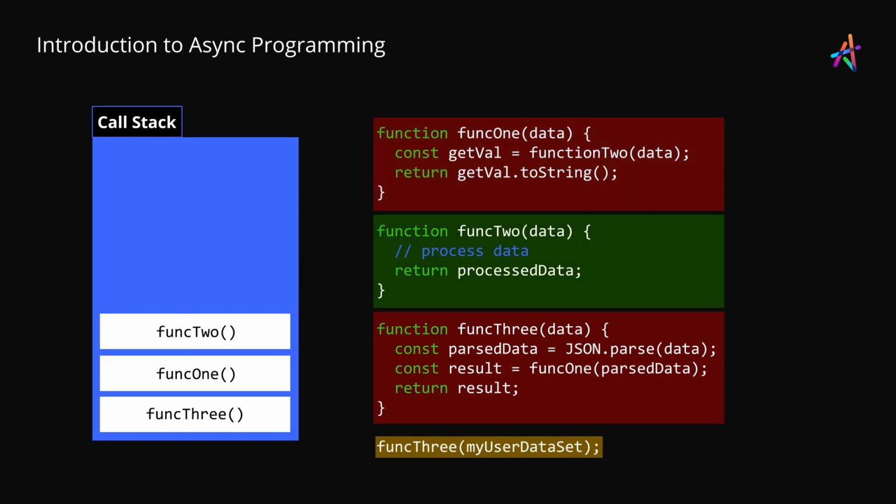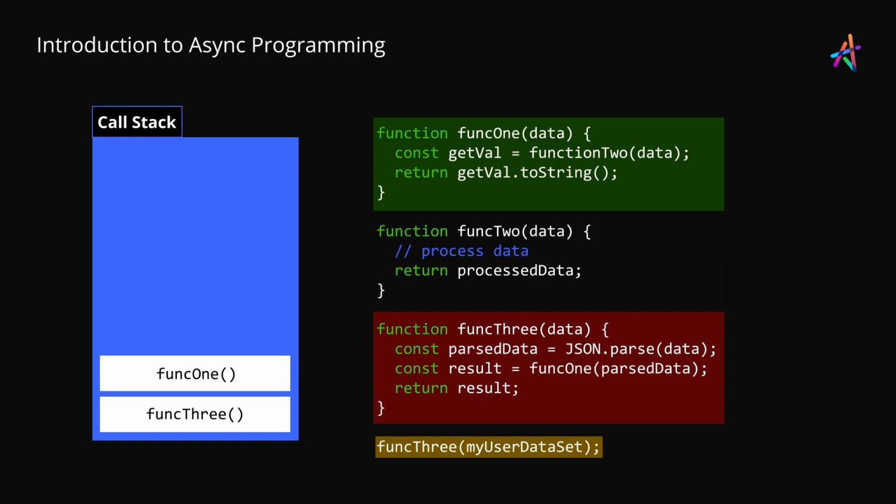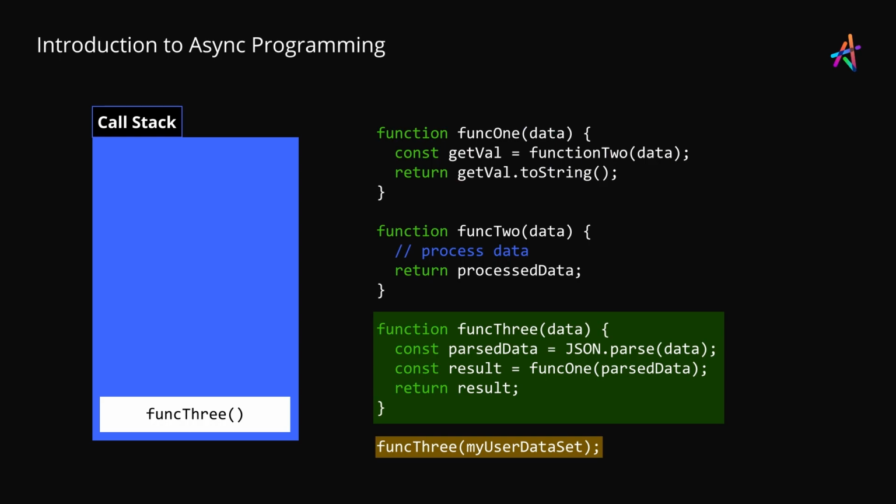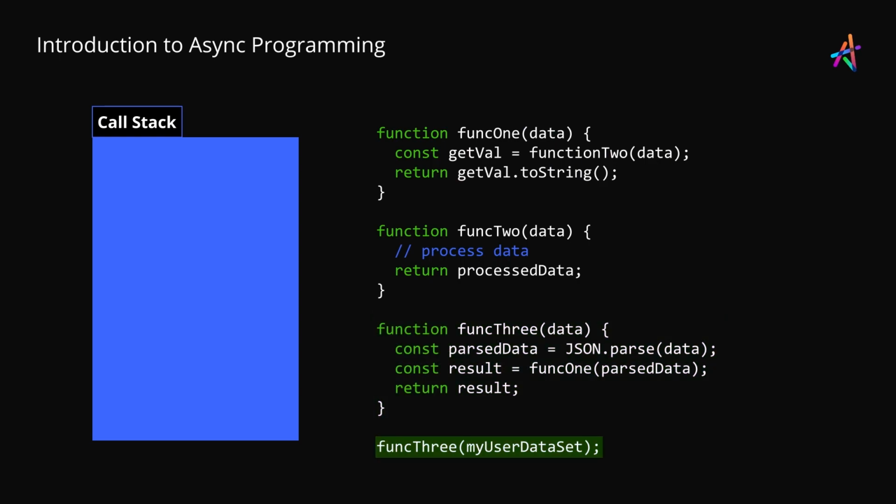Function 1 calls function 2, which goes on top of the stack. So in order of execution, function 2 finishes its job and returns the value. Then function 1 gets its act together with the value from function 2, and once it finishes, function 3 continues processing and does its job before the call stack clears out.